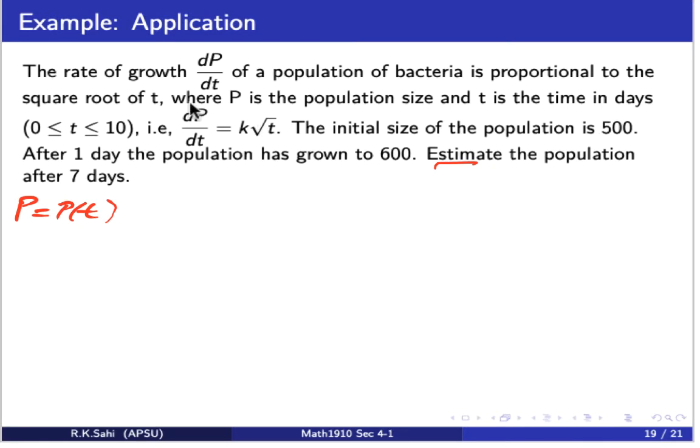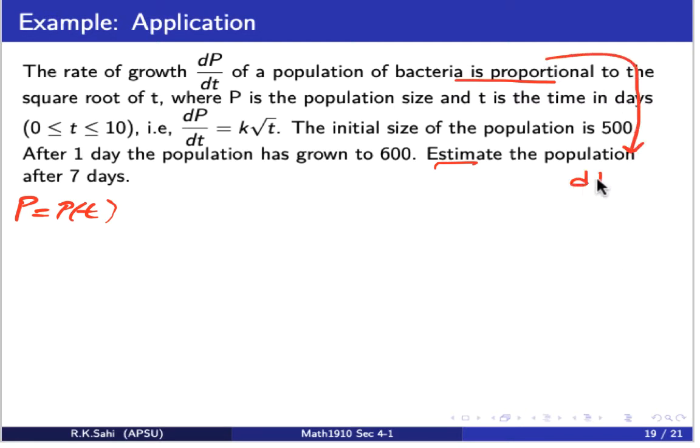Now, what we are given is that the rate of growth of this population is proportional to the square root of t. The word proportional is interpreted like this. Let me just show you here, guys.